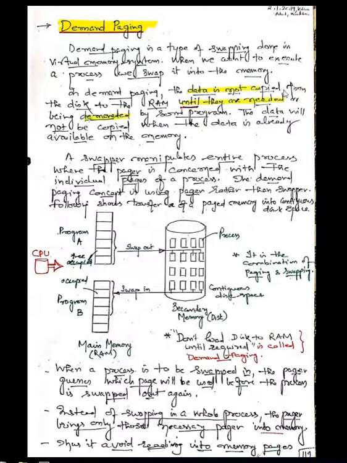In demand paging, data is not copied from the disk to the RAM until it is needed and demanded by some program. The data is not copied when it is already available in the memory. That means the whole program is not copied as per the requirement of the CPU or the operating system.